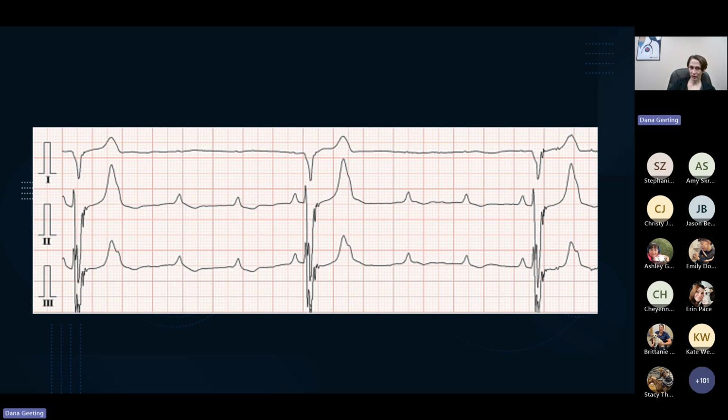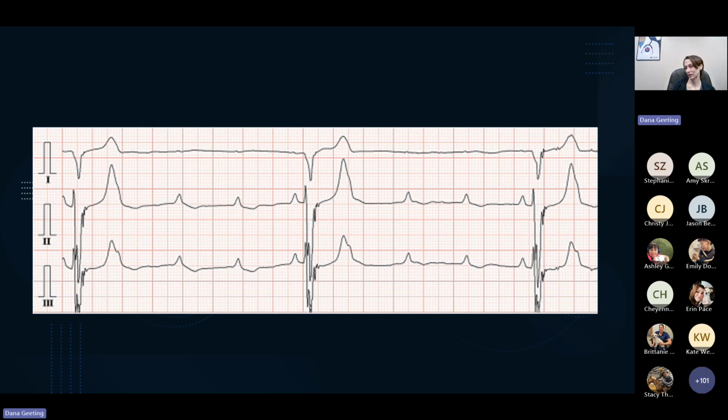In lead 2 here, we have your P waves. But do we have one P wave for every QRS complex that we have? Or do we have multiple P waves?